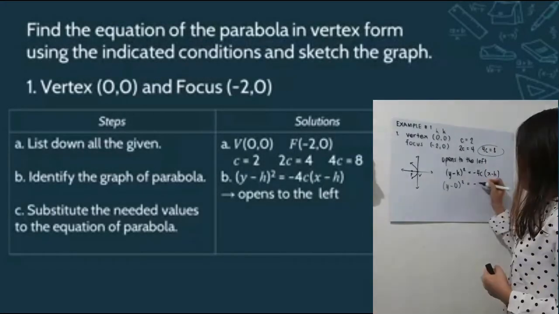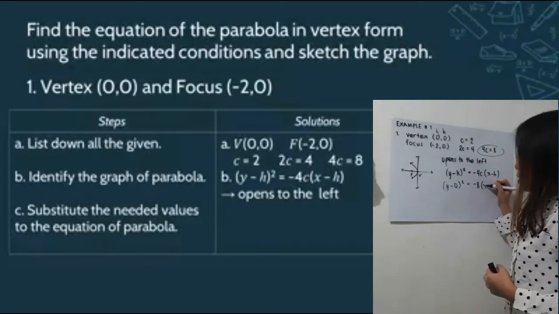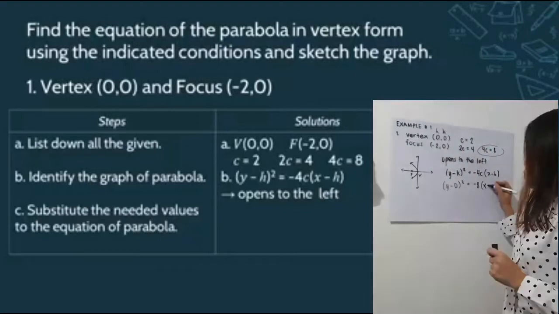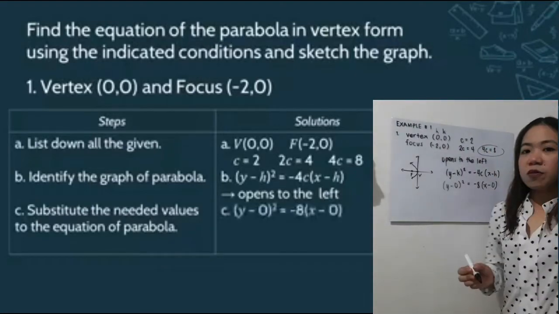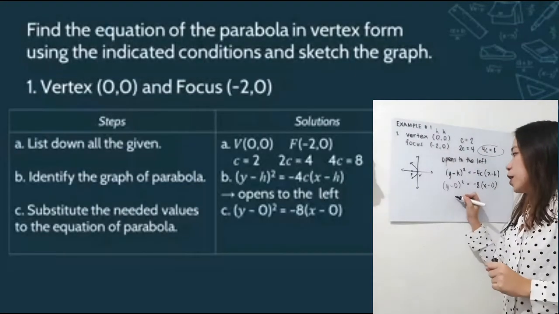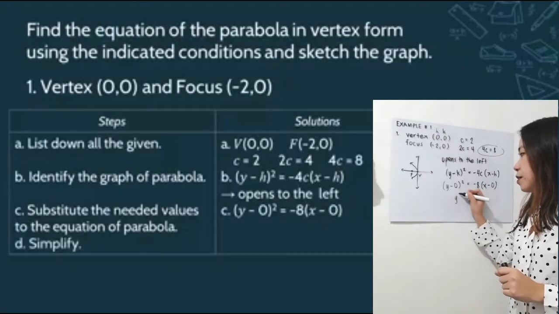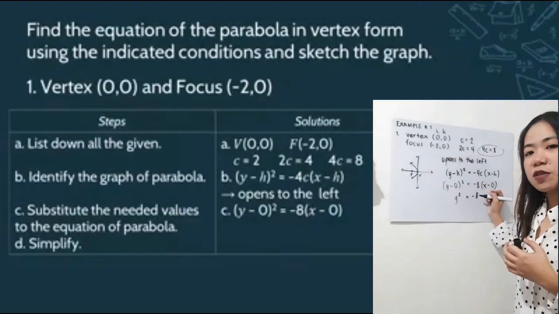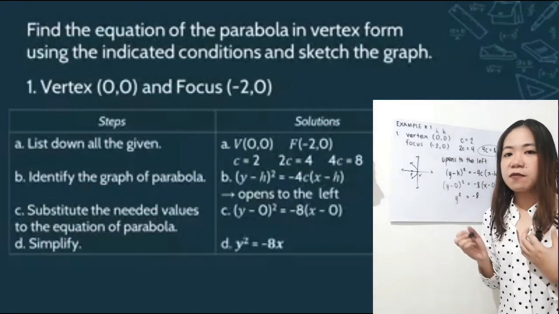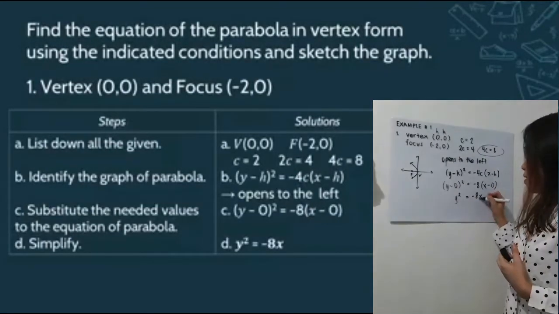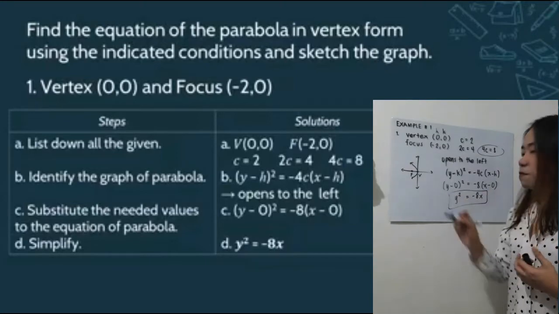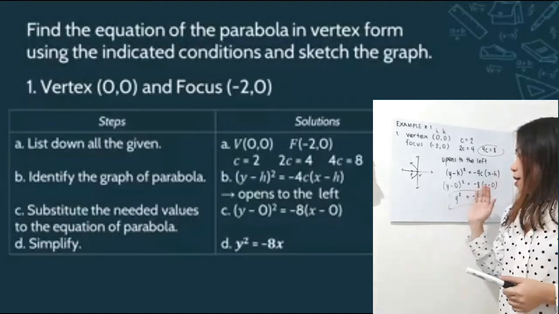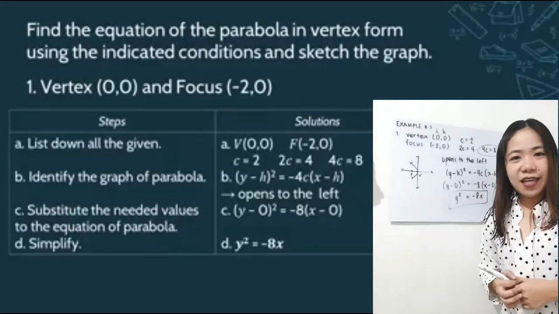So we have negative 8 times the quantity of x minus, again, h is 0, so minus 0. Simplify, we have y minus 0, which is y, squared, equals negative 8. x minus 0 is x, so we have negative 8 times x, negative 8x. And this will be the final answer. The equation of the given parabola is y squared equals negative 8x.